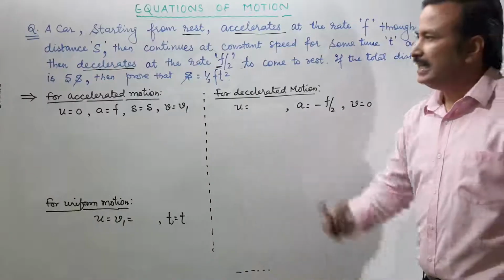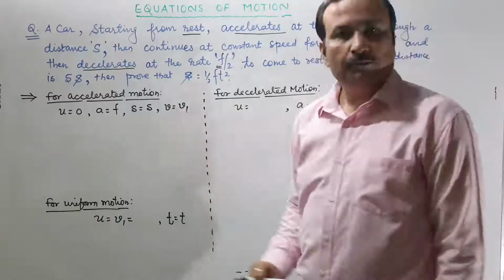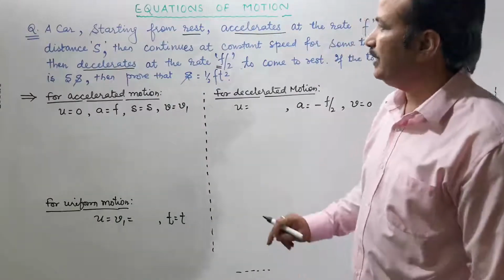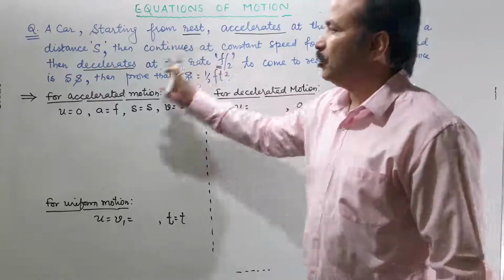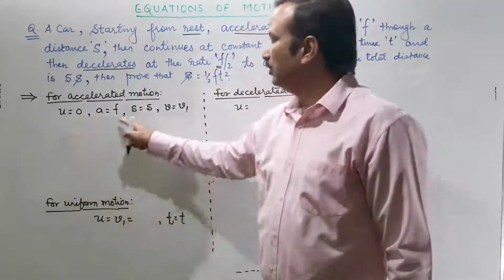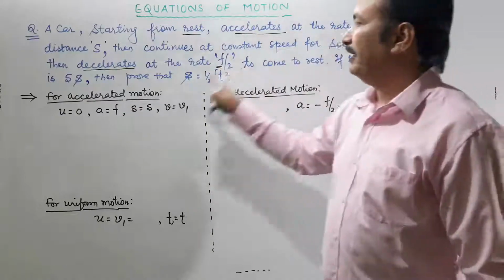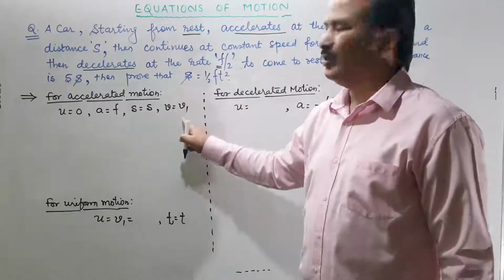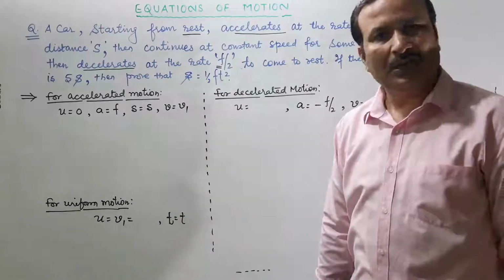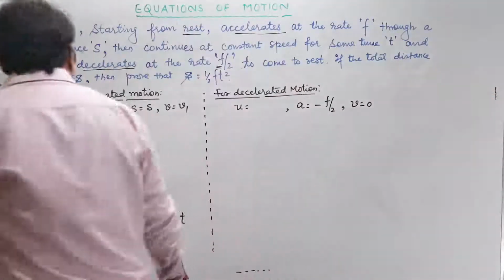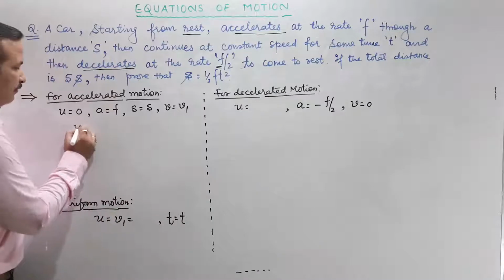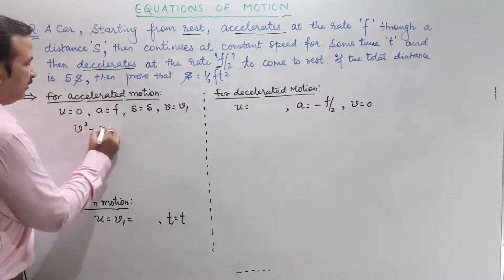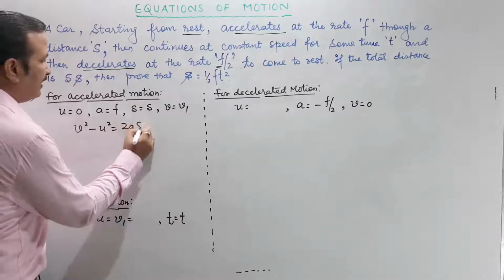Let us see how we will do it. First we take the accelerated motion. It is starting from rest, so obviously we take u as 0. Acceleration is f, distance we take as s, and the velocity we get, suppose v1. We apply the third equation: v square minus u square is equal to 2as.